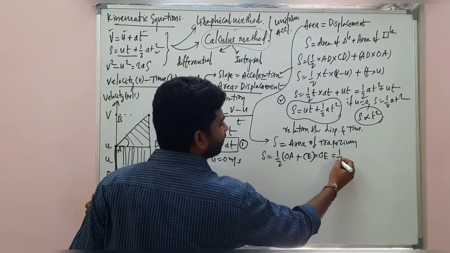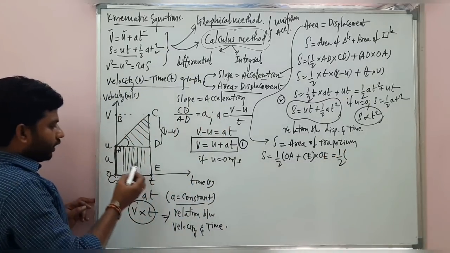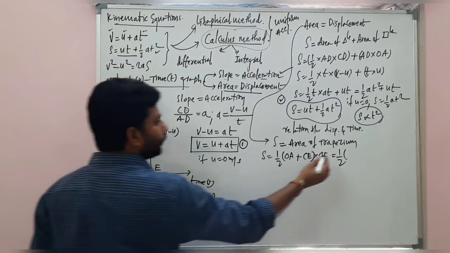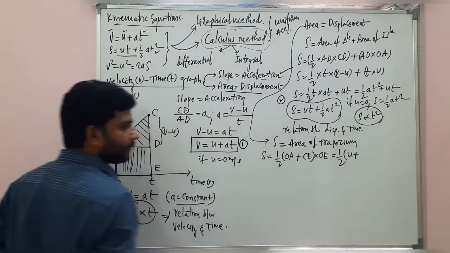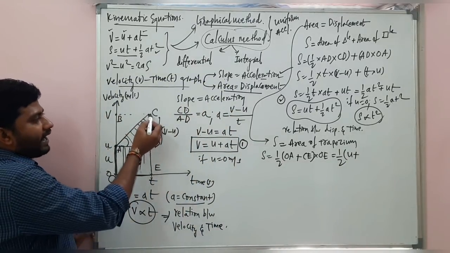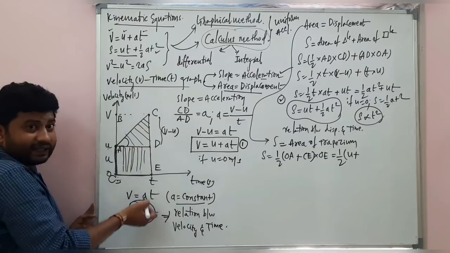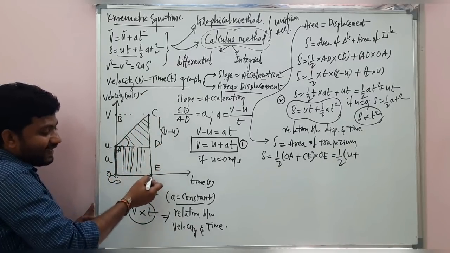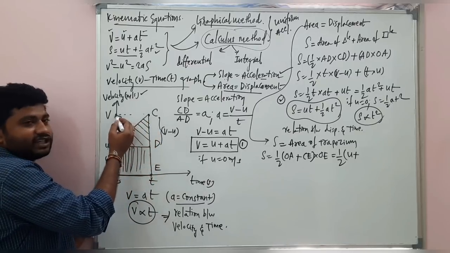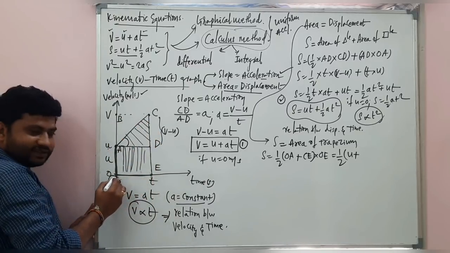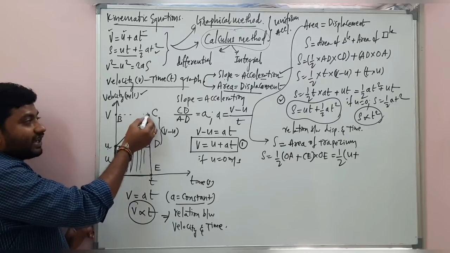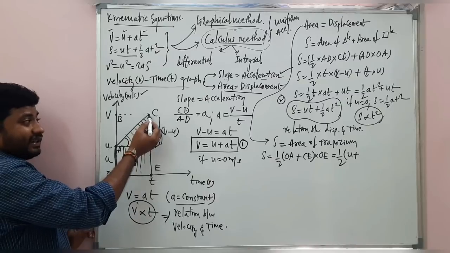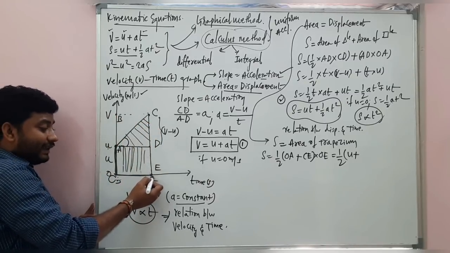Listen carefully, half into OA. What is OA? This is O and this is A. Already we have discussed this OA is U. Plus, what is CE? CE is along the vertical axis. The vertical axis is representing velocity. At C, the velocity is V. At E, the velocity is 0.